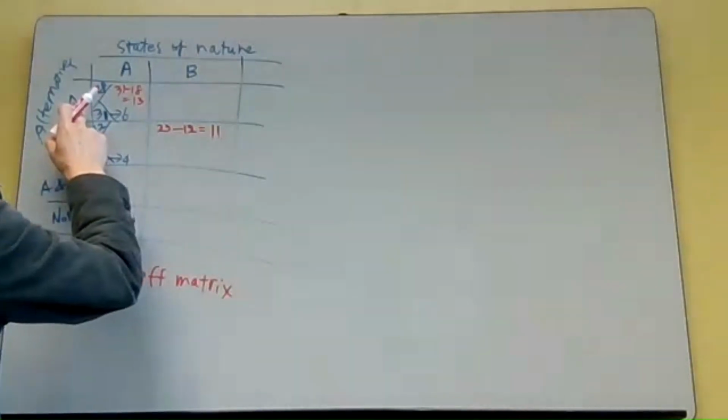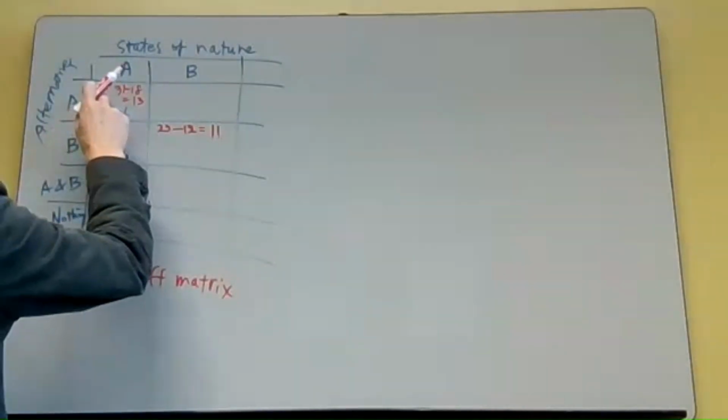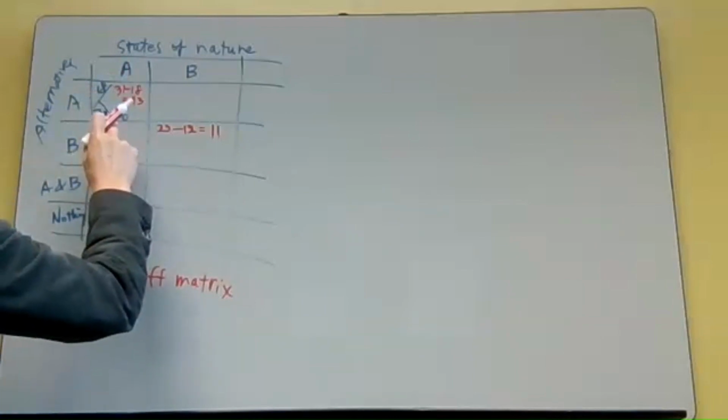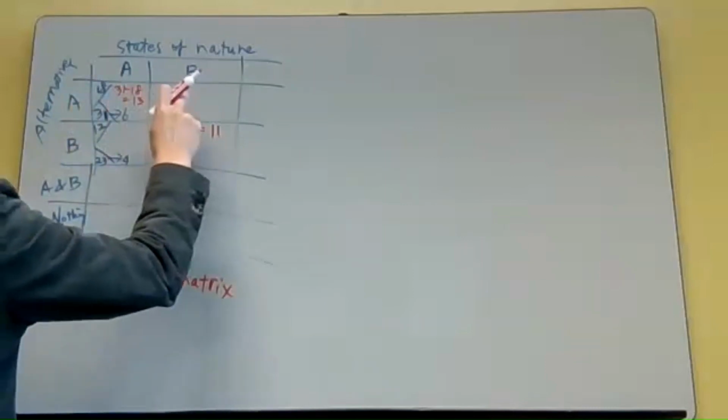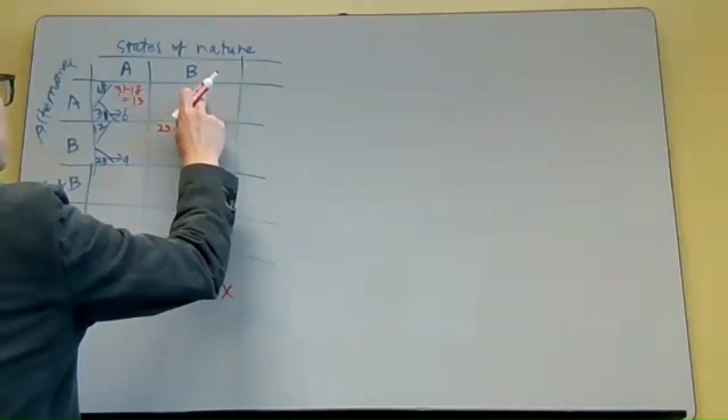You purchased the parcel in location A by paying $18 million, but location A is not selected. That means location B is selected.